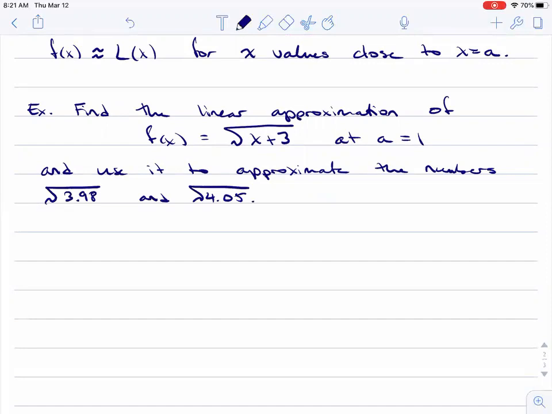And then we'll just follow it up with, are these over or underestimates?